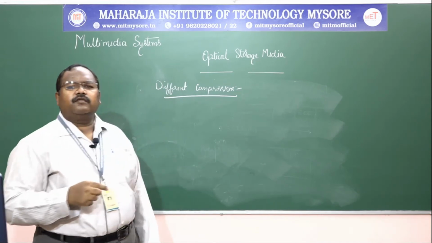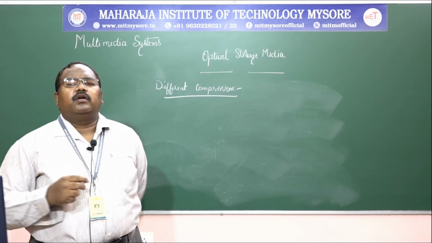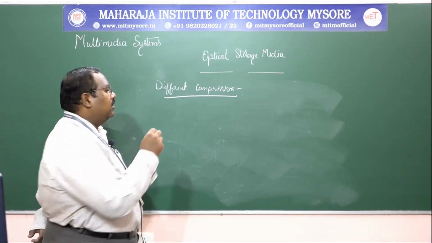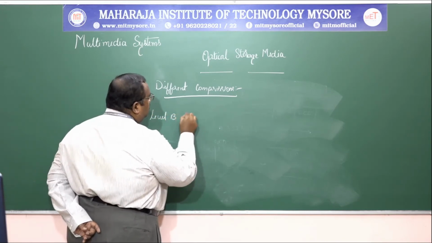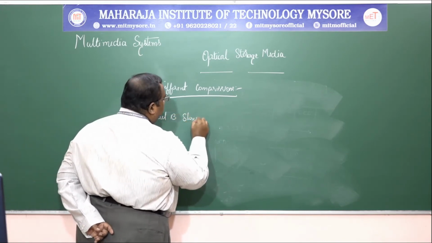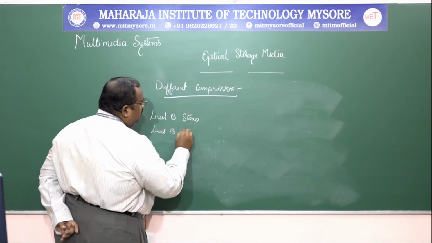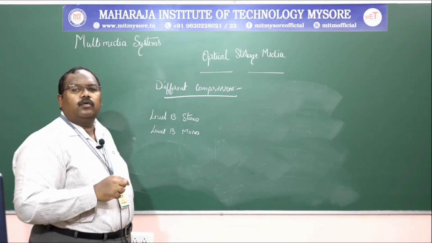So these are the different types of compression or variations that are achieved. First we have level B stereo and also level B mono. What do you mean by mono and stereo?